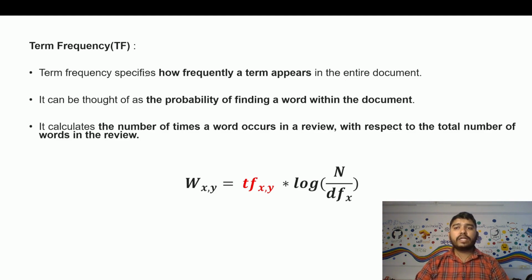It tells which words come how many times in a particular document, or paragraph. It can be thought of as the probability of finding a word within a document. It calculates the number of times a word occurs in a review, with respect to the total number of words in the review. As we have seen in our formula, TF(x,y) refers to term frequency.